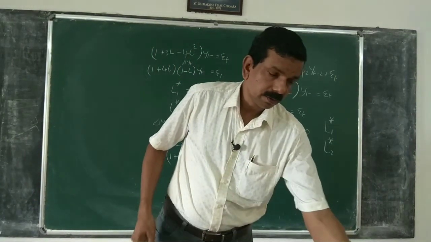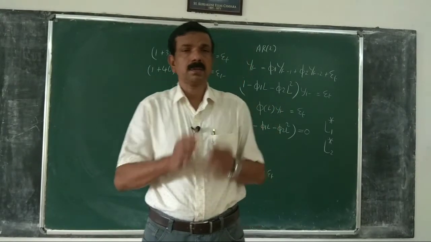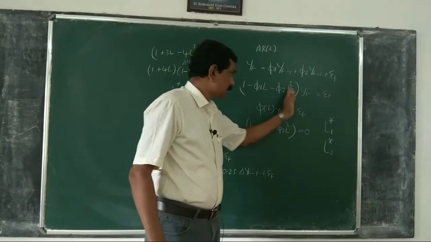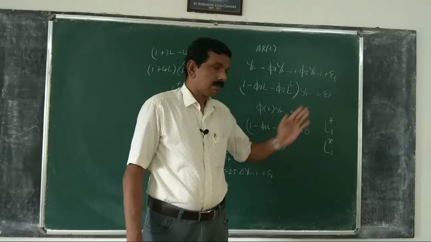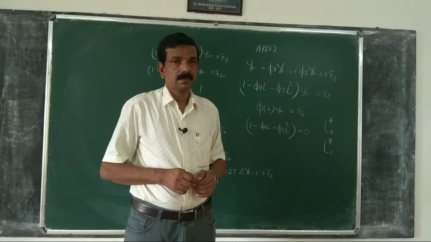So whether an AR(p) process is stable or not depends on the roots of the characteristic polynomial. If all the roots have modulus greater than 1, the process is stationary.